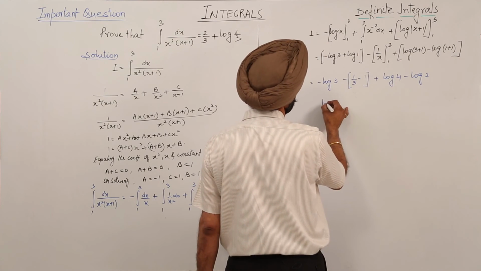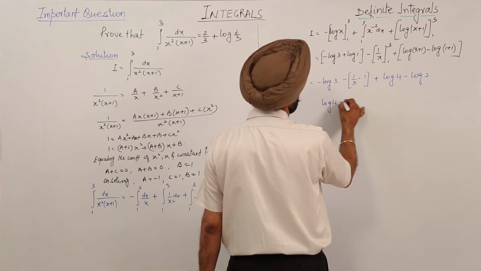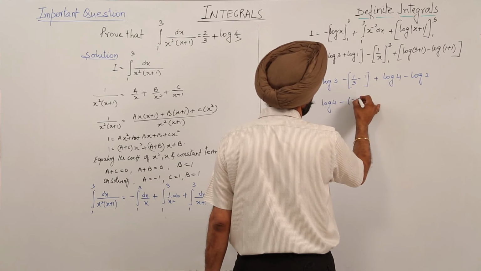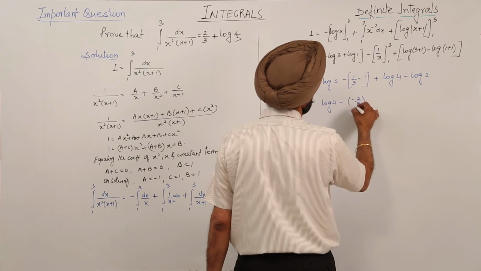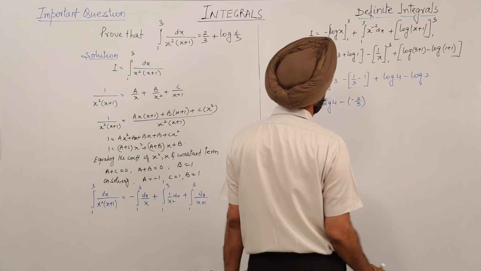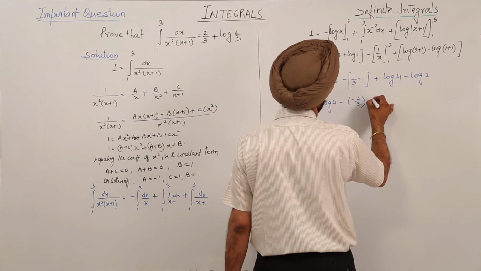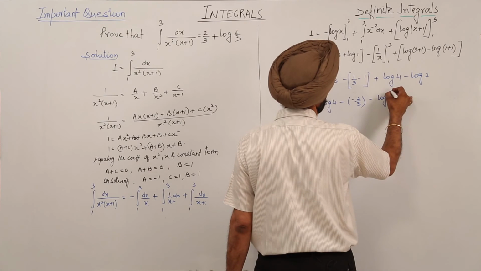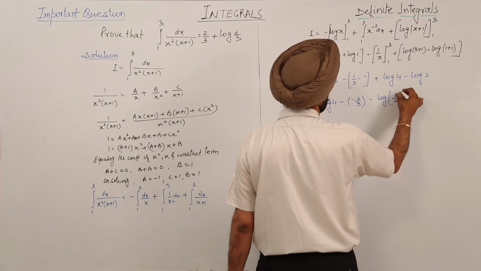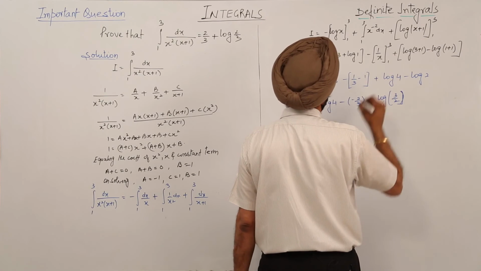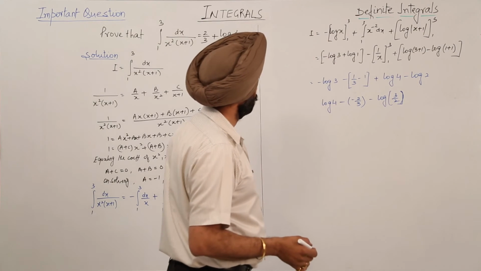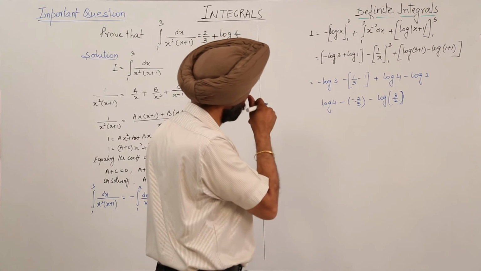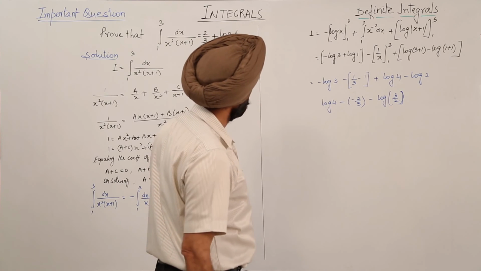So we are having log 4 minus 2 by 3 minus log 3 by 2.